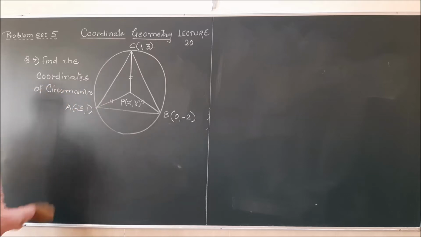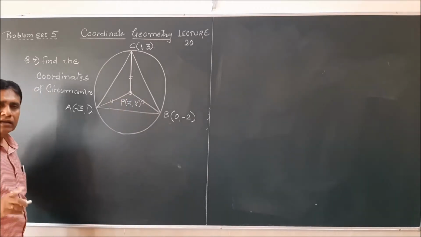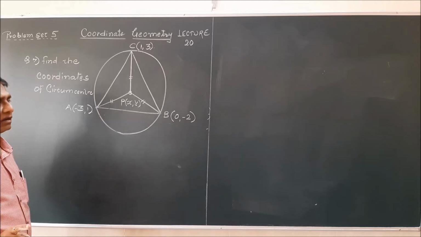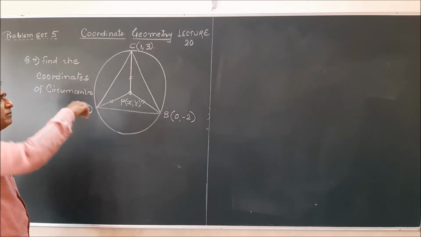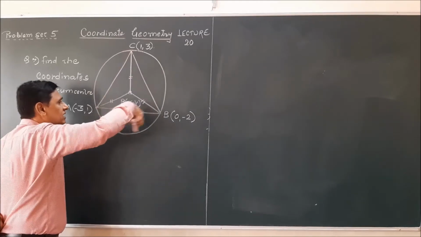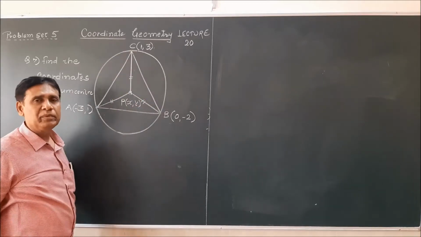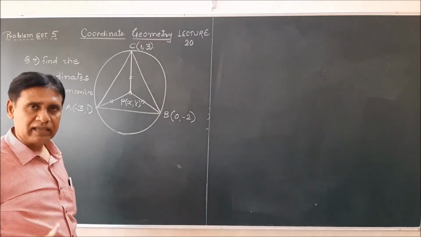Dear students, first of all, I would like to explain that the circumcenter is the center of a circle which is passing through the vertices of a triangle. I repeat again, this is the center of this circle which is passing through A, B, C, and A, B, C are the vertices of triangle ABC.